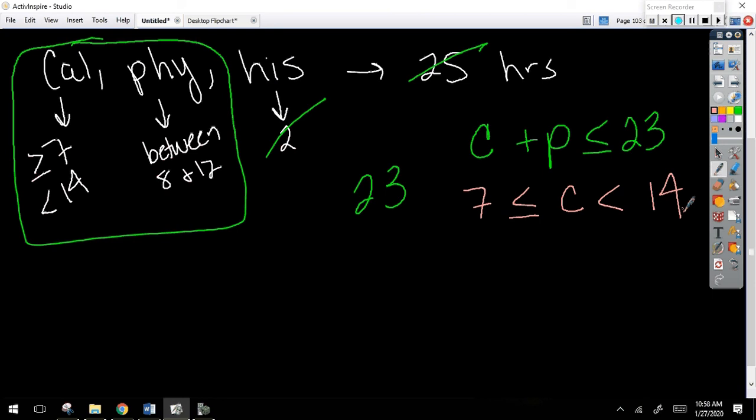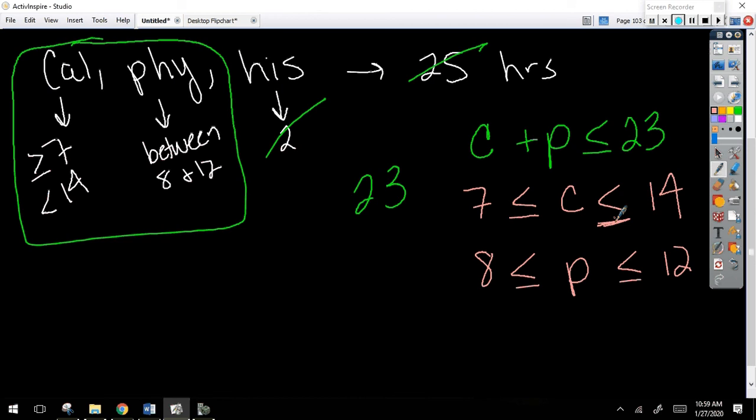These are going to be a lot of straight line functions at the end of the day. And then physics has got to be between 8 and 12. She said no more than 14, so she can spend up to 14, so we're going to put a line under that.